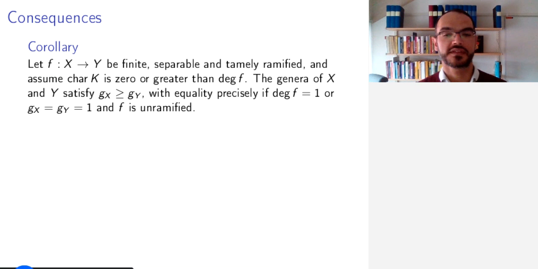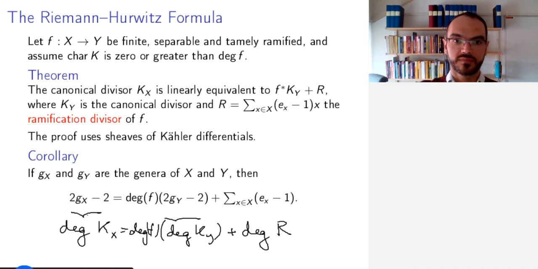Let's look at some consequences of the Riemann-Hurwitz formula. So if we have two curves and a map f as before, then the genus of x is at least the genus of y, and we have equality precisely if the degree is 1, or if f is unramified and both genera are equal to 1. Why is this true?